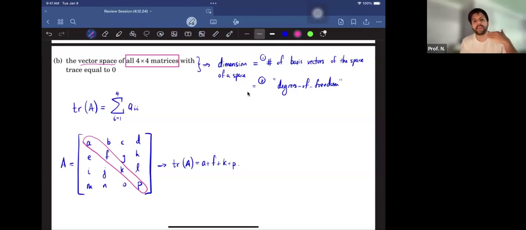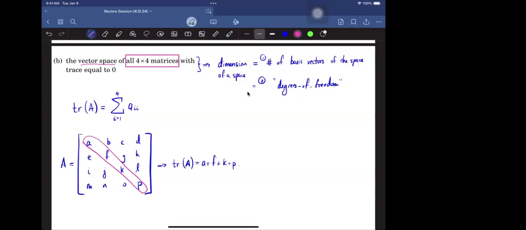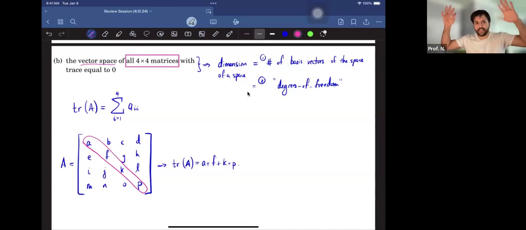I've also mentioned in passing that polynomials and functions can be considered a vector space as well. You can extend this idea of vector space beyond the vectors you're so familiar with in Rn. Up until this point, we've been just dealing with Rn, Euclidean space. But there are other spaces that are also considered vector spaces.